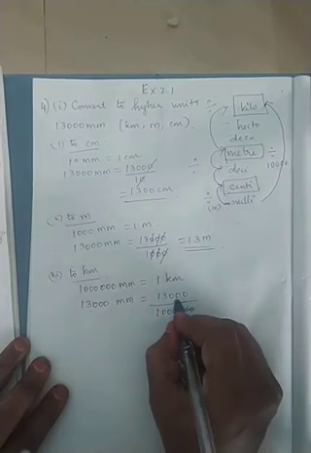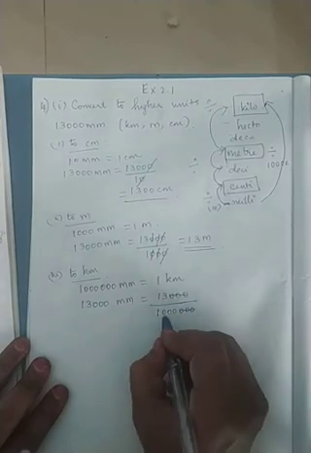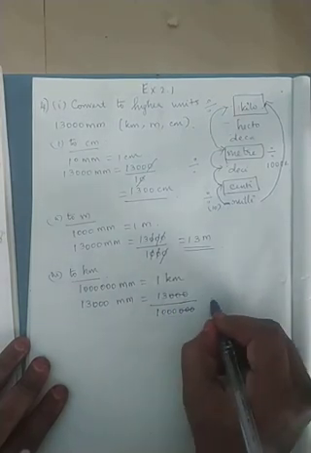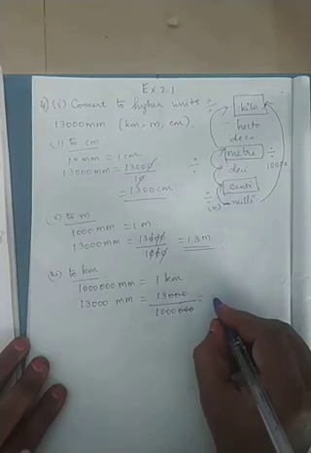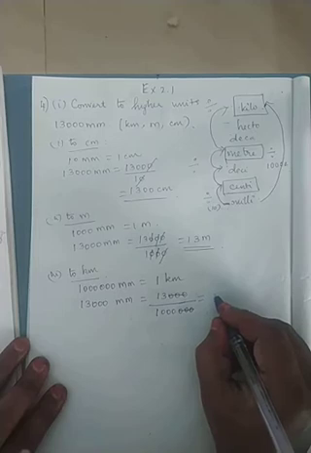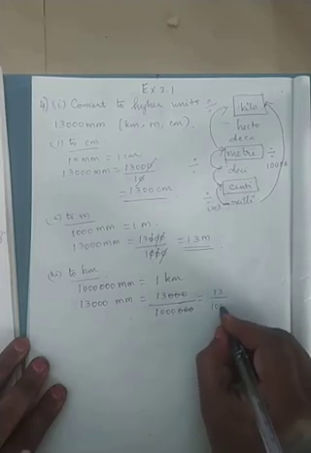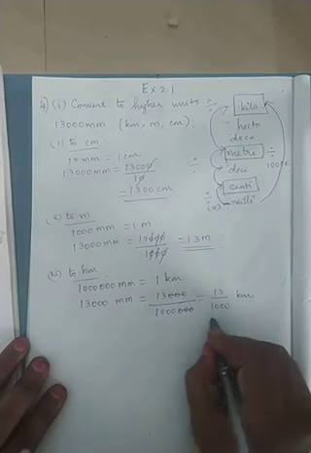Now for this 3 zeros I can cancel 3 zeros. So it will be 13 divided by 1000. Because you are not learning decimals now, I will directly write 13 by 1000 kilometer as of now.